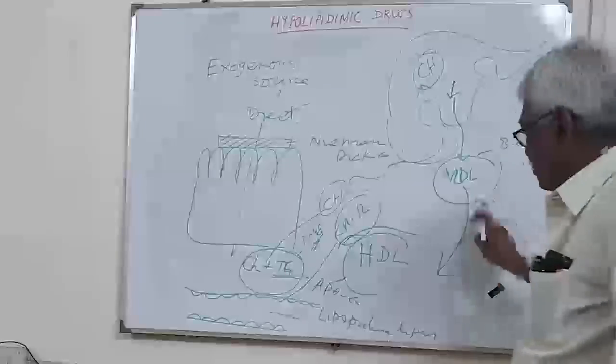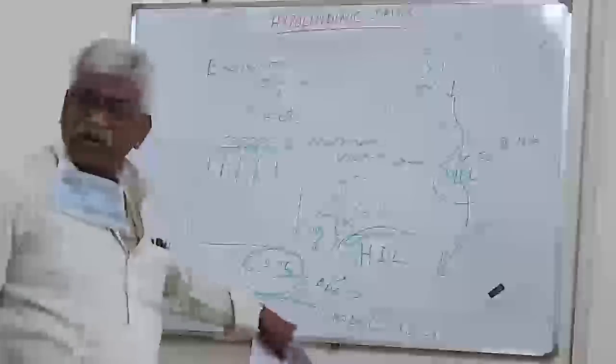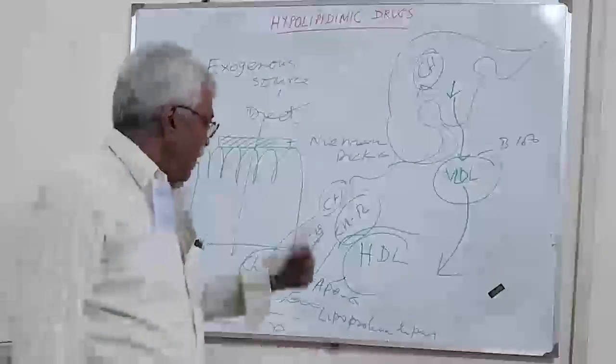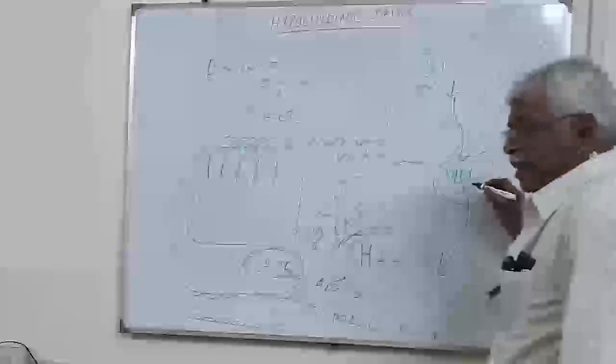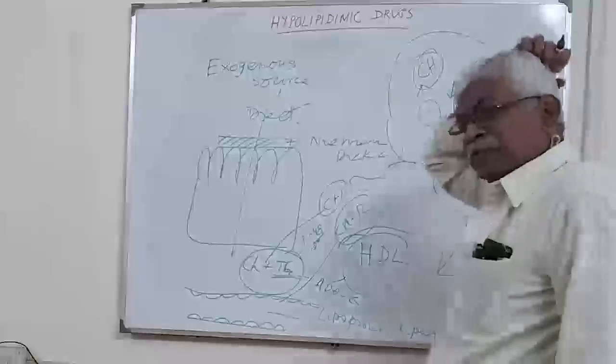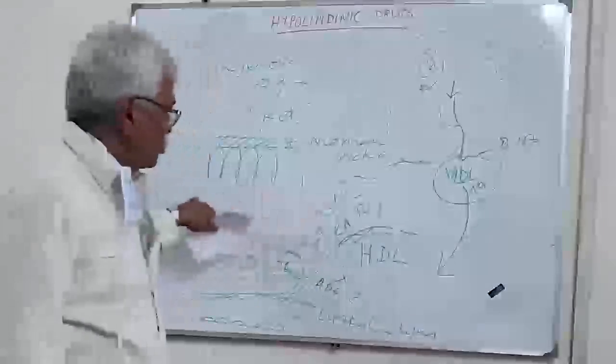In the same way, it goes to the circulation where it is activated by ApoC to activate lipoprotein lipase. It contains more triglyceride as compared to chylomicron, and it contains more cholesterol.